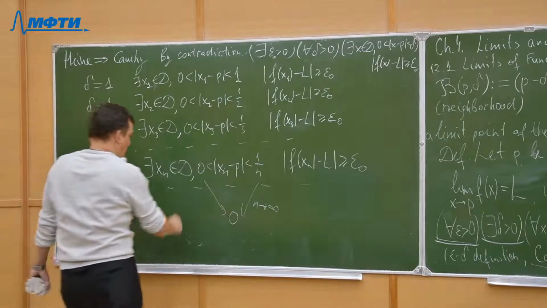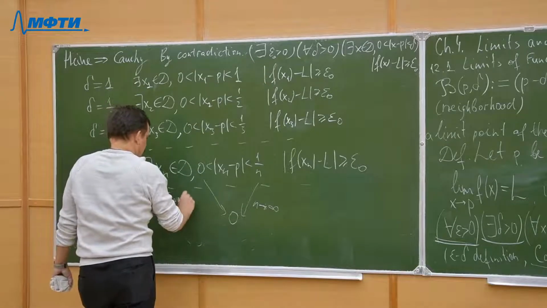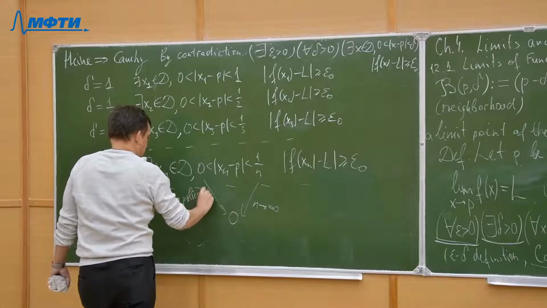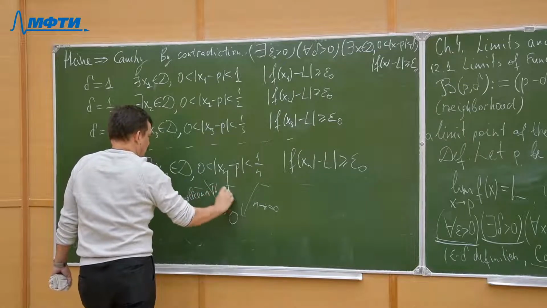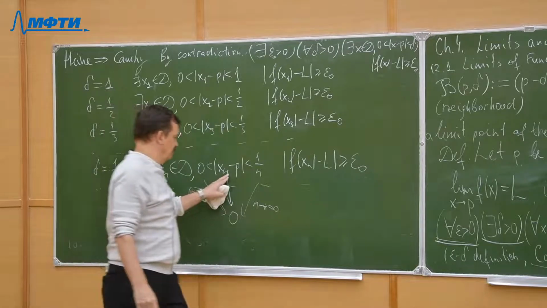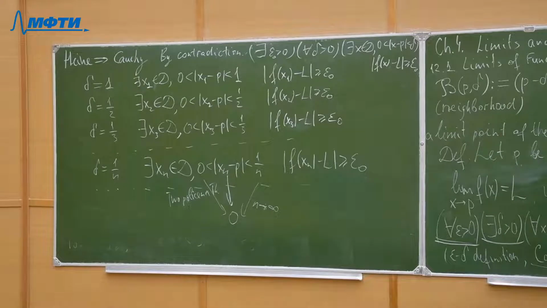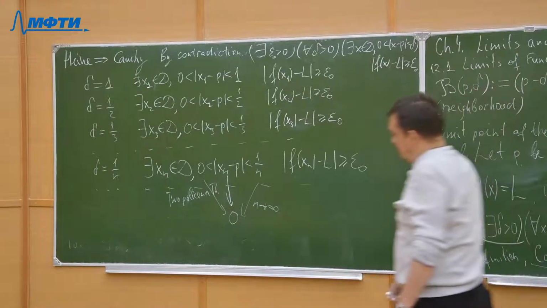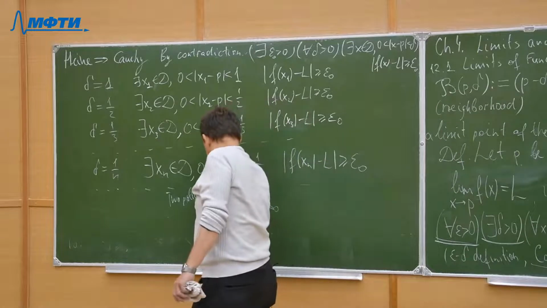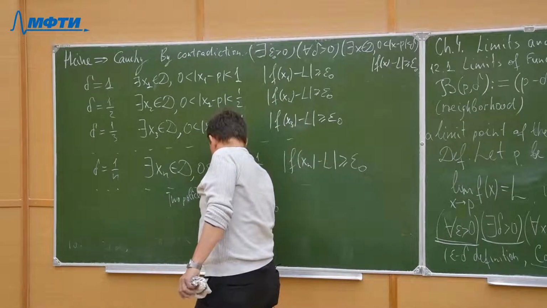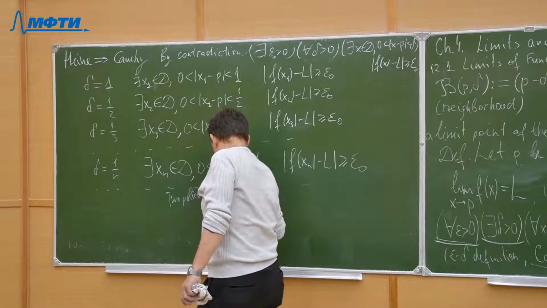Hence, two policemen theorem guarantees that the middle part tends to 0 as well. So it means the limit of xn equals to p.